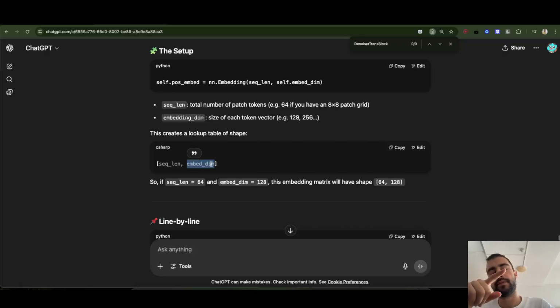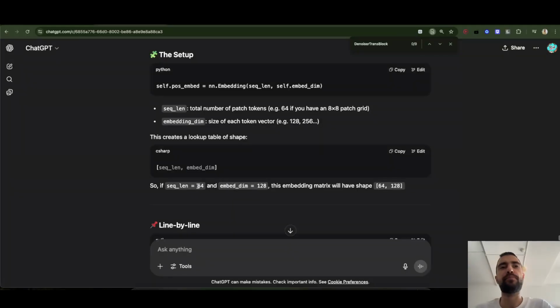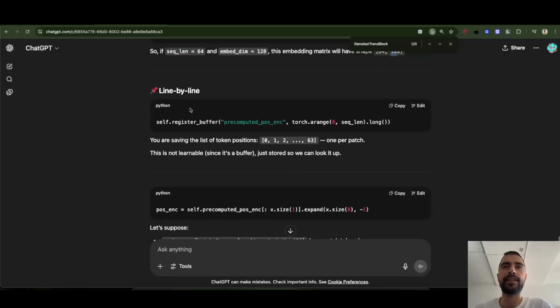There are vector embeddings for each number in the sequence. So if there are 64 patches in the image and the embedding dimension is 128, this embedding matrix will have a shape 64, 128. And then let's see this line by line.